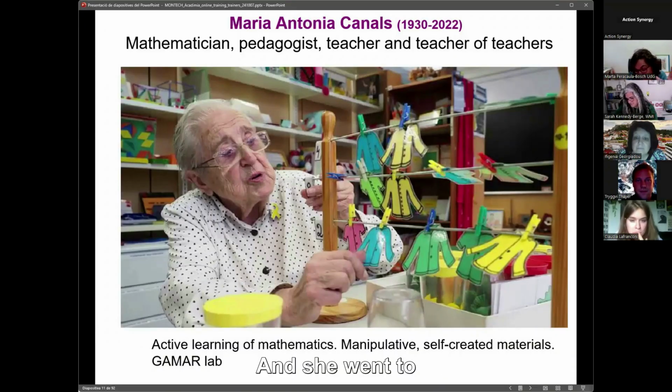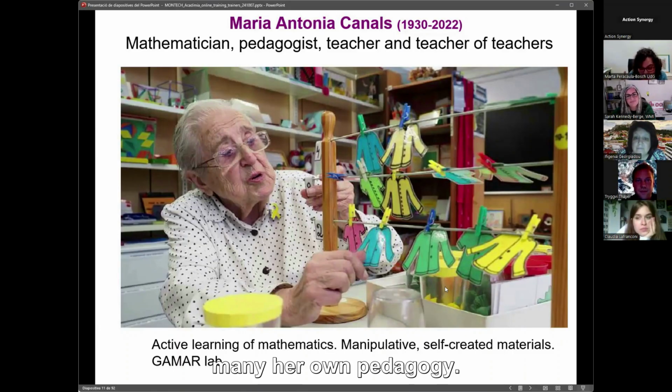She went to one of these places and started the school with many difficulties. And she loved mathematics, and she started to think about how these children could learn mathematics in an active way, in a significant way. So she developed very much her own pedagogy.